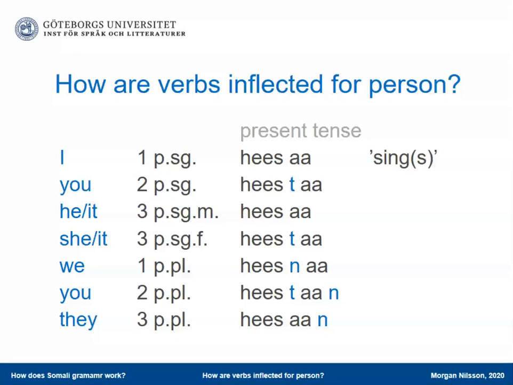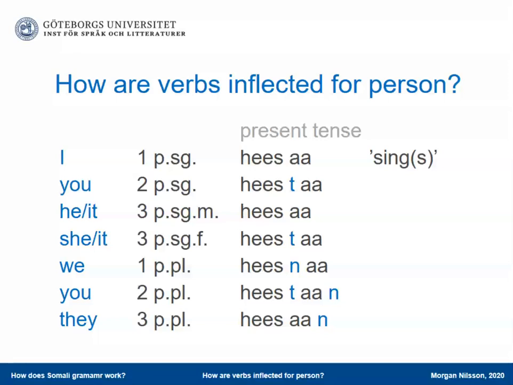So it's very easy to learn the basic inflection by looking at this verb. There are some other verbs where there are additional complications, so you shouldn't start with just any verb. You should start with a verb that is really, really simple, like this one.